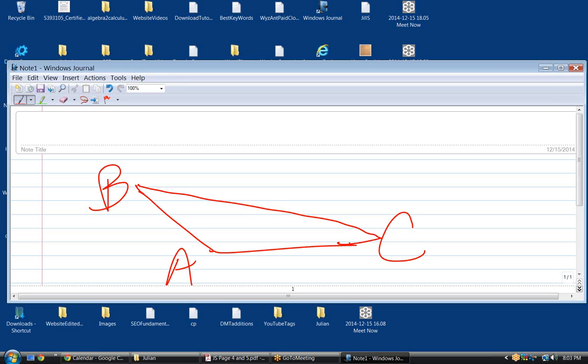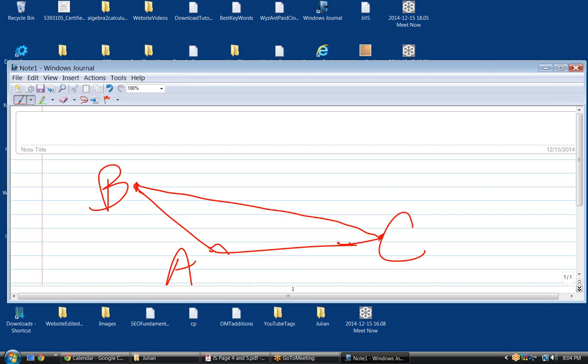In other words, what's this side right here? BC. Okay, BC is opposite A. In other words, if you take this angle A and you look at both rays, they connect to B and C. So that's how you figure out the side that is opposite an angle.